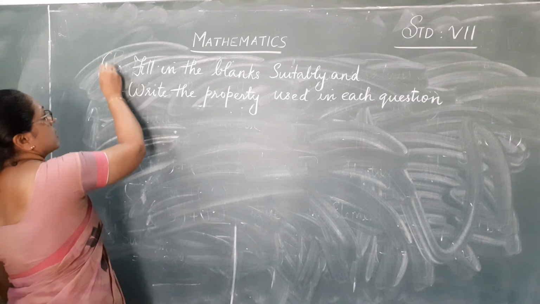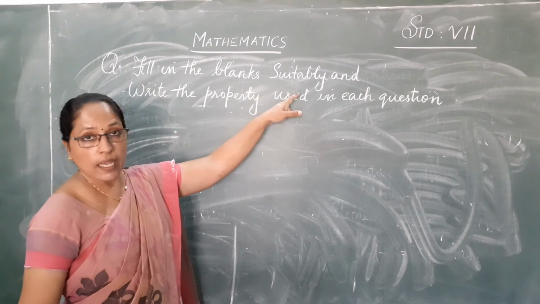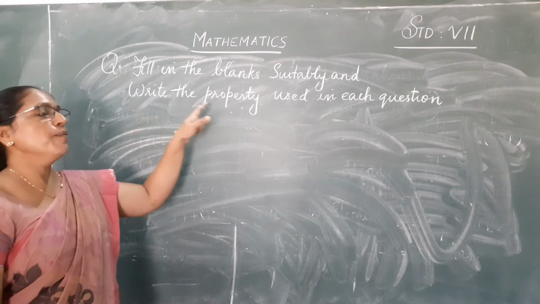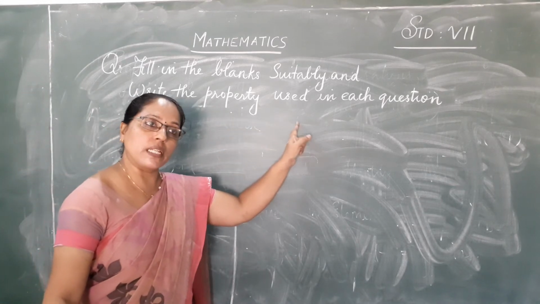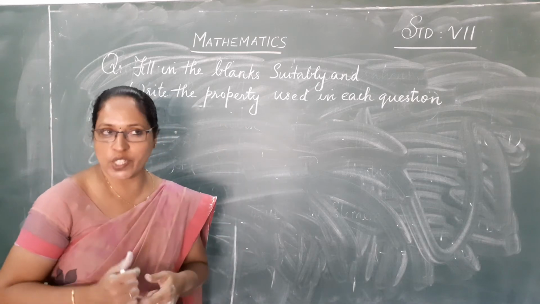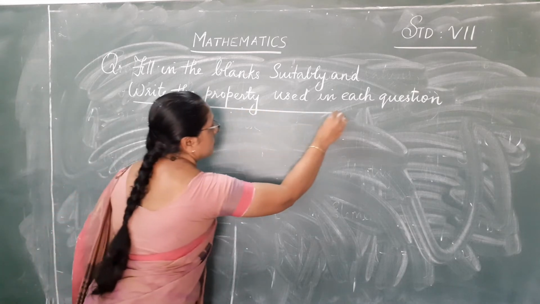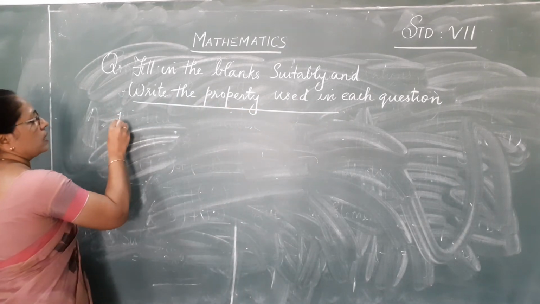Okay, so our question is fill in the blanks suitably and write the property used in each question. So children, recollect all the 5 properties which you have learned and go through the question and then answer. Okay, question number 1.